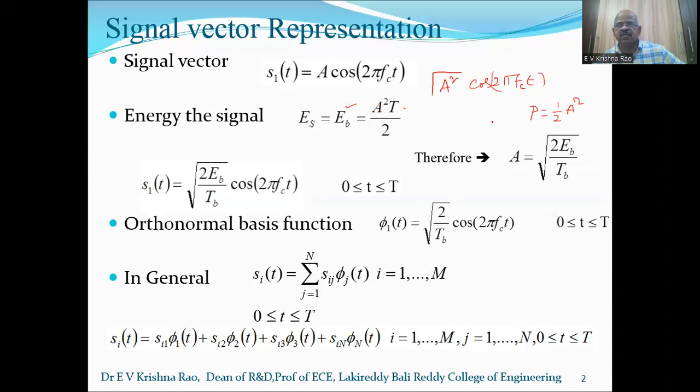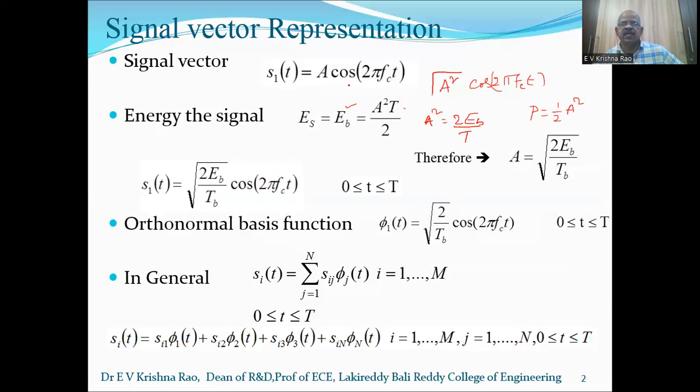This is where we get P equal to energy EB by TB, half A square. So this can be written as root 2 EB by TB cos 2 pi fct.